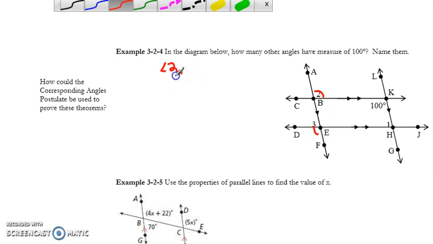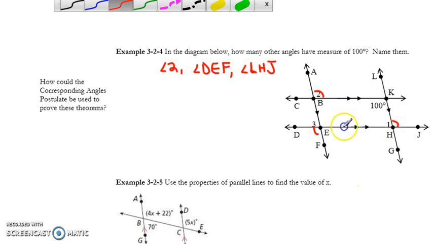So DEF, that would be 100. This one, alternate interior right here would be LHJ. Okay, there's that one.